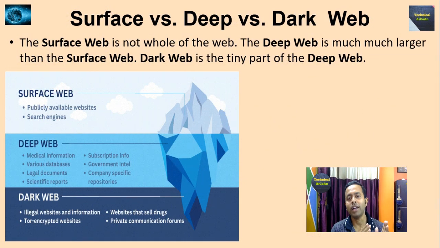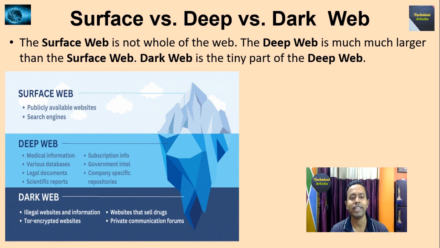Now we talk about the difference between surface, deep and dark web. Okay, the surface web is not the whole of the web. The deep web is much larger than the surface web and the dark web is a tiny part of the deep web. Okay, so in this picture there is an iceberg and the topmost part is known as the surface web, like publicly available websites, search engines, right?